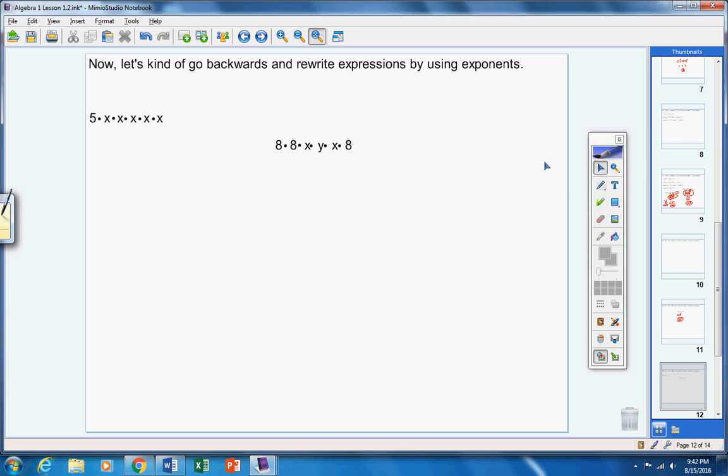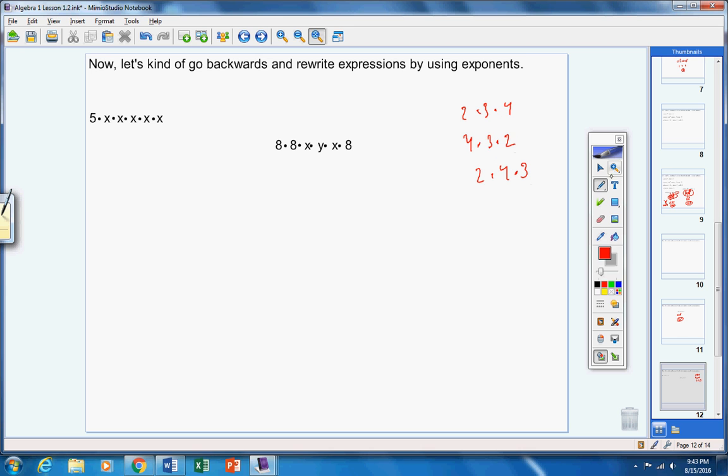Now here, we've got everything being multiplied together, okay? So we have 3 8s. 8 times 8 times 8. Remember, when you're multiplying something like 2 times 3 times 4, that's the same thing as 4 times 3 times 2 or 2 times 4 times 3.